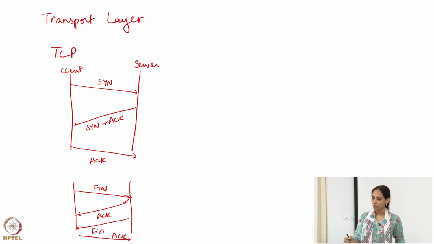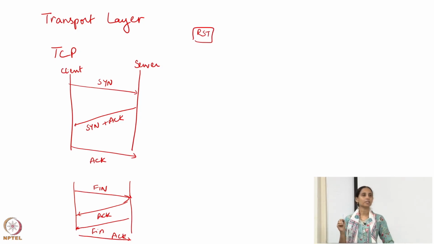Apart from this, you should also be aware that there is something called a reset option in TCP, where whenever you send a reset, the other guy will not care what is happening, it will just close the connection. So this is the purpose of reset whenever you want to close the connection.